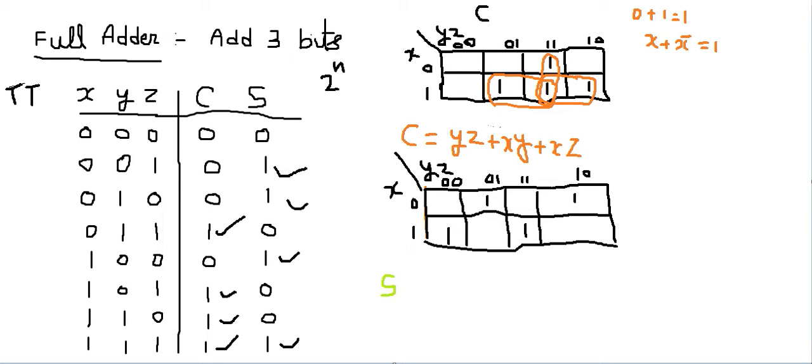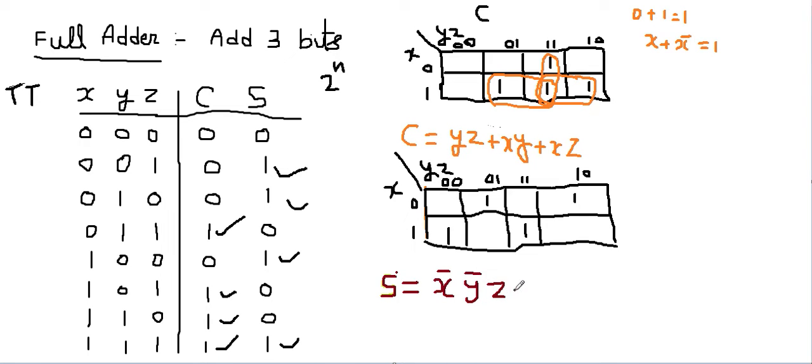Let's take it more bright so it can be visualized more clearly. So for this we have x 0, so we will write x complement, y complement and z, right?